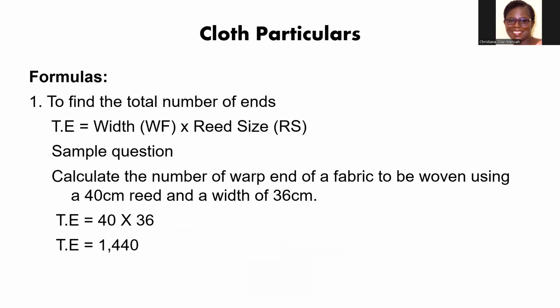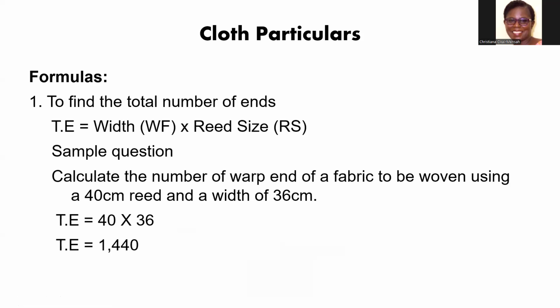So that is the width of the reed. And the width of your fabric is 36. So if I want to know the individual yarns that I'm going to use, it is the reed times the width that will give me the total number of ends.